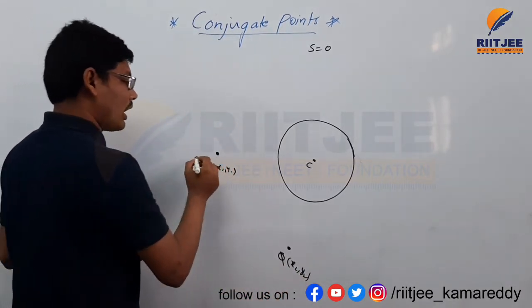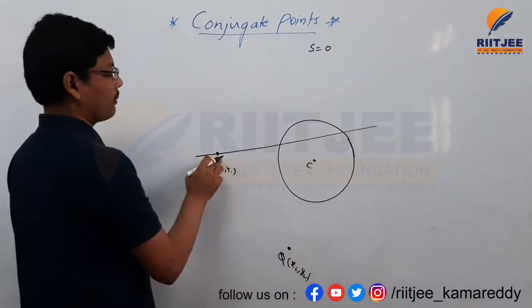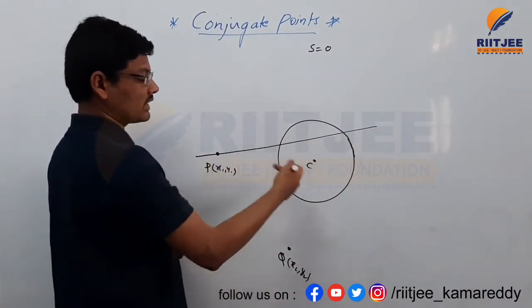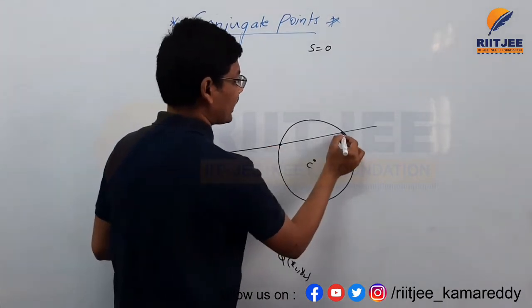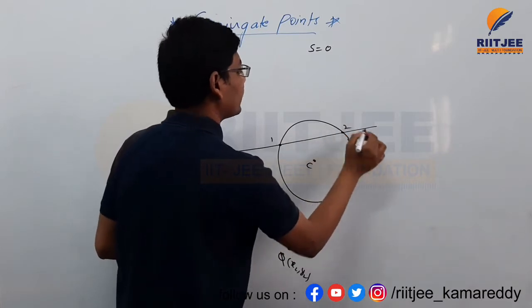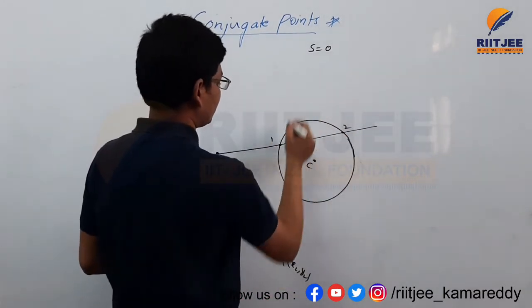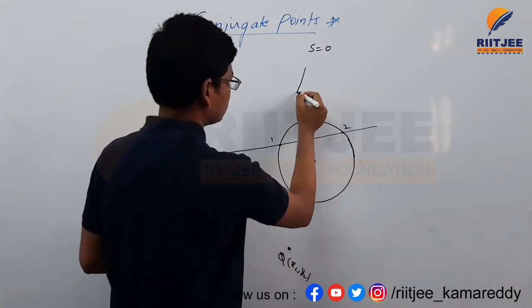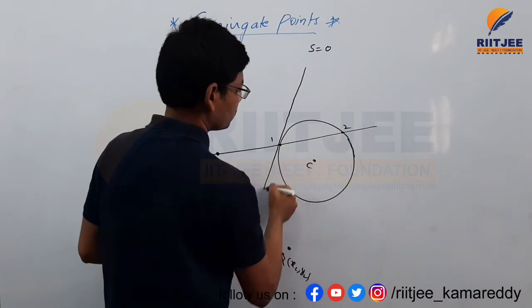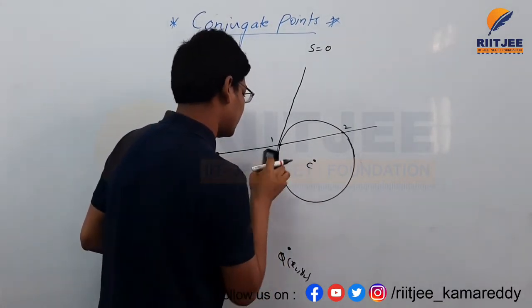Here, if you draw a secant line through point P to a circle S equal to 0, here we are getting two points of contact, those are 1 and 2 here. From those points of contact, I am drawing tangents here. This is one tangent.